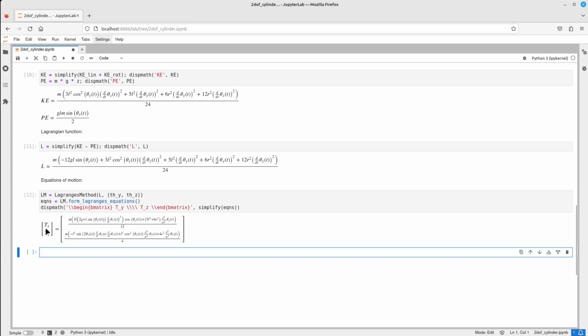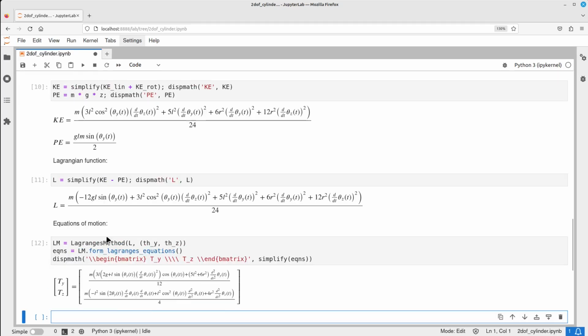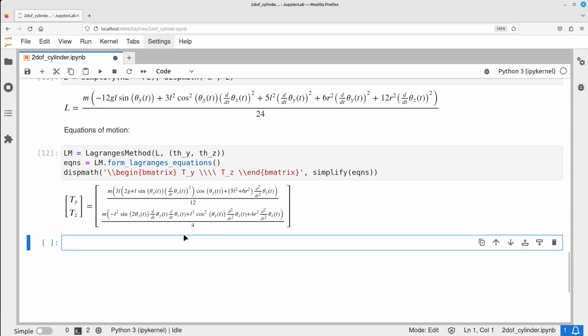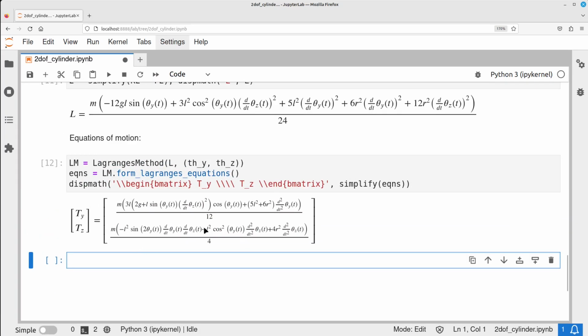So we have two components here. The one that is related to rotation about the y-axis, and the other one is related to rotation about the z-axis. So let's make it bigger. This is what it looks like after simplification.